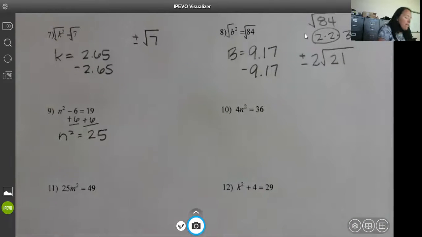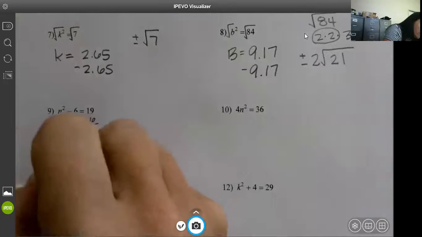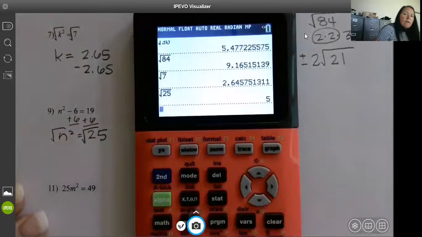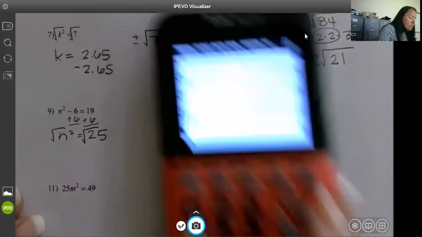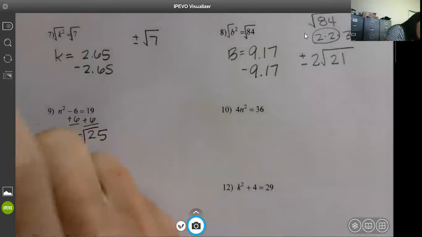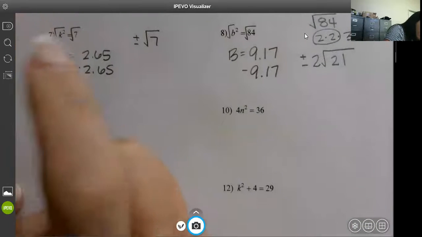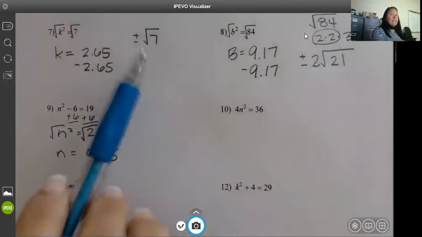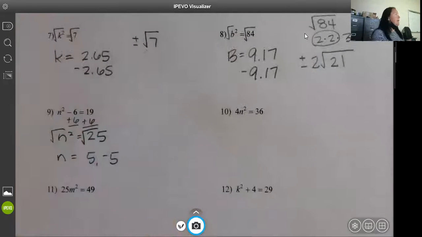Once I get n squared by itself, I'm going to take that square root, and I'm going to hope that it's a good one, and I get 5. So this one was really good. What do I need to remember? It's not just 5, but negative 5 as well. If it comes out to a whole number, there's no way to write it like this square root. You're not going to do that. Okay.